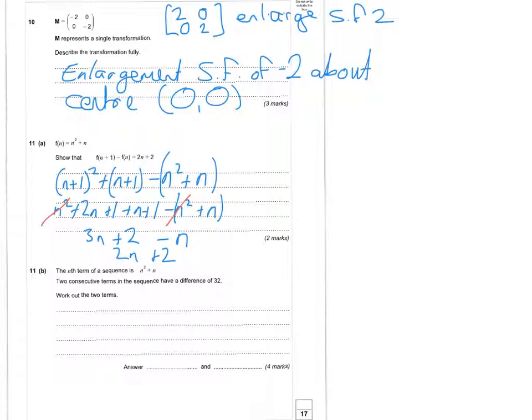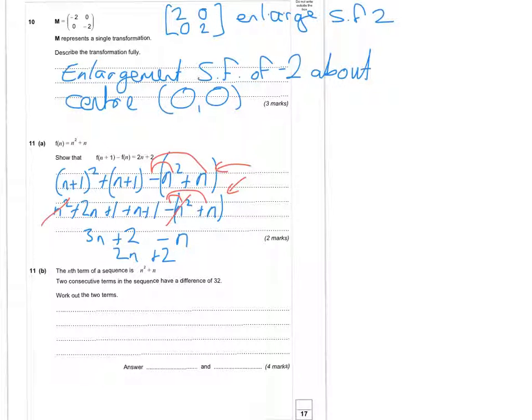Now, if you were paying attention, you'll notice that I added these brackets late. They were important because that negative had to apply to both parts. That's probably a mistake that you could have made.